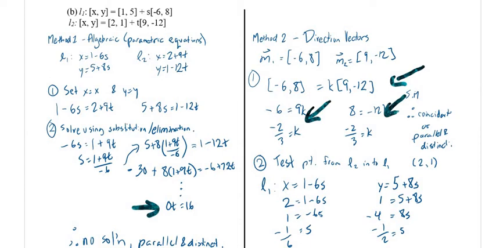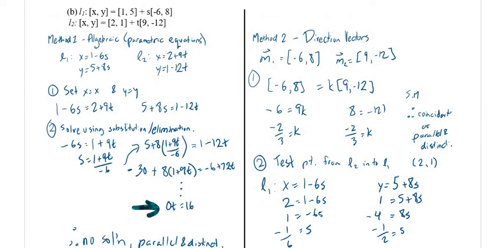If we get the same value for k for both, it means that the same number works for x's and y's. And of course, you see that with this one, we get -2/3 for k for both our x's and our y's. So in this case, our lines are either coincident or they're parallel and distinct.